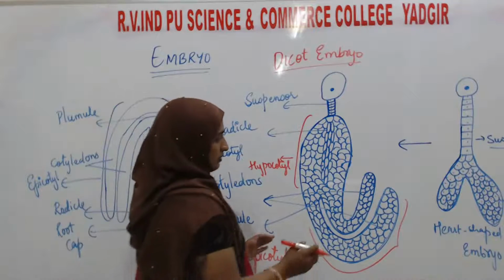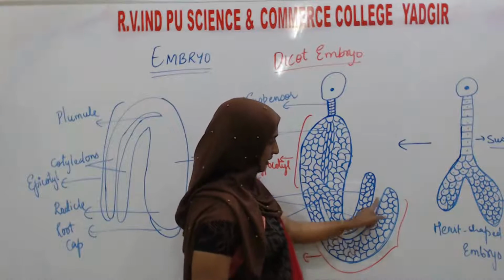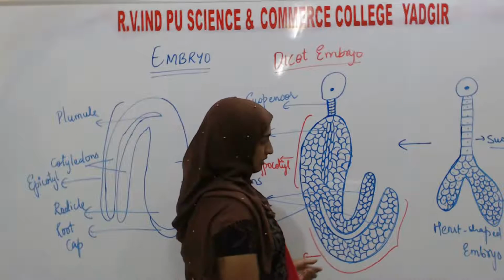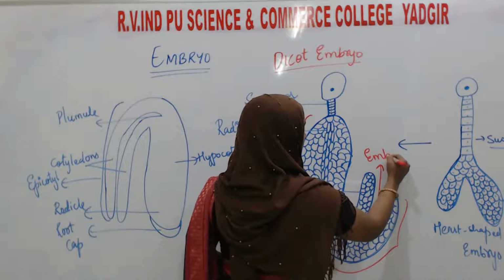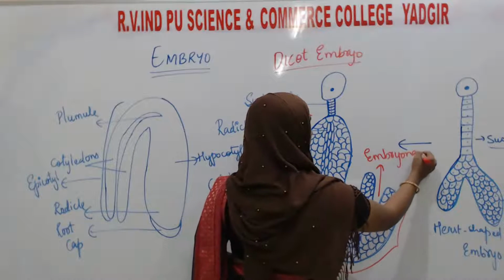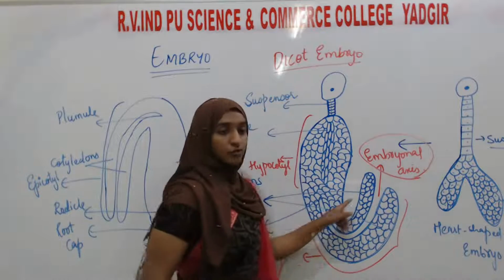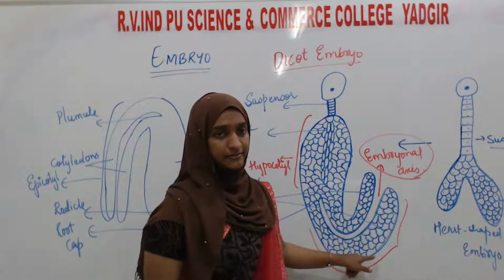So see here, you can see this region. This is the embryonic axis, a space between the two cotyledons. This embryonic axis will divide into two cotyledons.